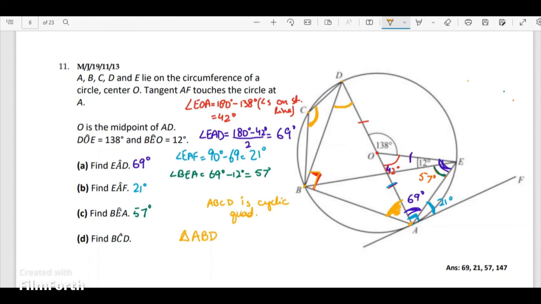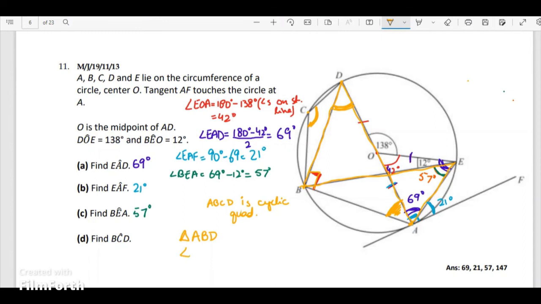So see if this angle could be found in any way. This angle is being made by the chord AB, and the same chord AB is making this angle right here. And angles that are made by the same chord are all equal. So if that angle is 57 degrees, this angle would be 57 degrees as well, because they are coming from the same chord.